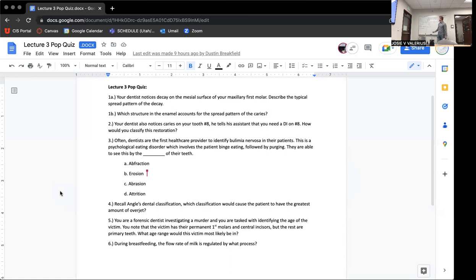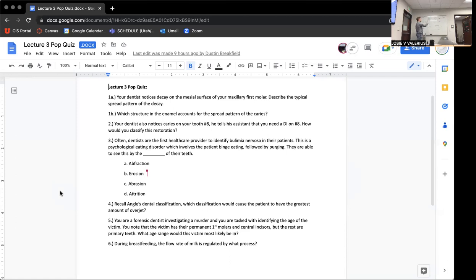Yeah, the DEJ, the dentinoenamel junction. Right when it hits the DEJ, it's going to shoot horizontally and spread a little bit, and then do an inverted pyramid down here. If I color this in, you can see how it spreads out once it hits that DEJ.